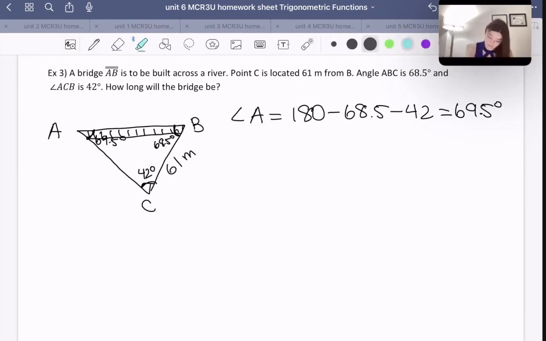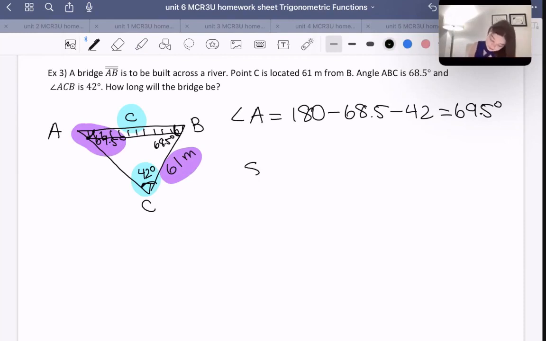We can say, well, what are we looking for? We're looking for side C, or in other words, the side that starts at A, ends at B, that is opposite to C. That's what we're looking for. And we have the angle is 42 degrees. We also have 69.5 degrees, which we just solved, and that 61 is our opposite there.